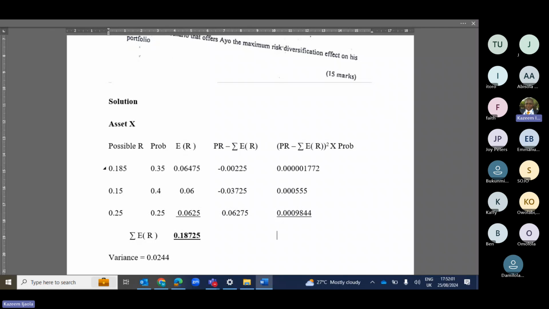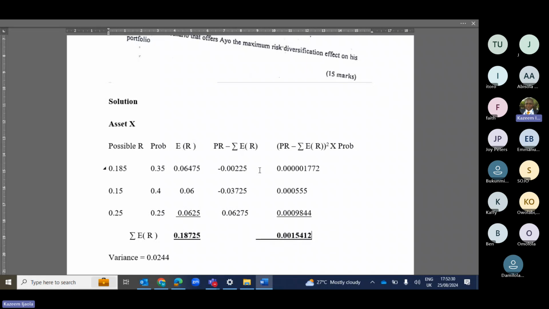Sorry, I'm doing it again now. Okay, plus 0.123555 plus 0.1239844. So 0.0015412. This is the answer. This is my variance.